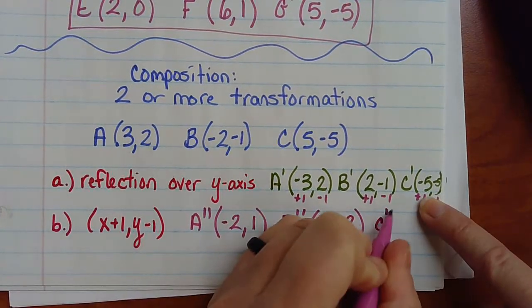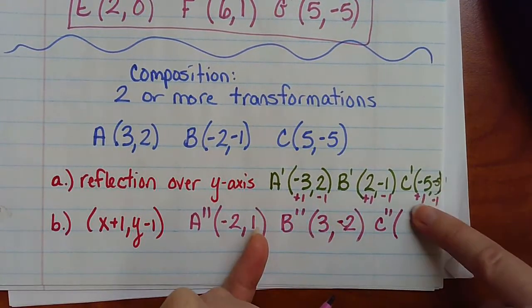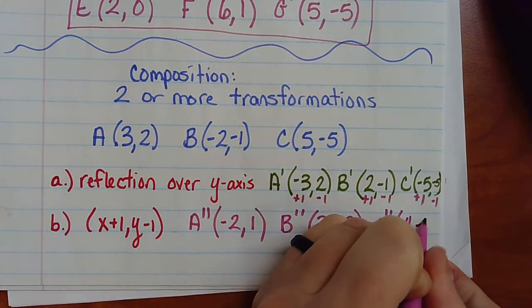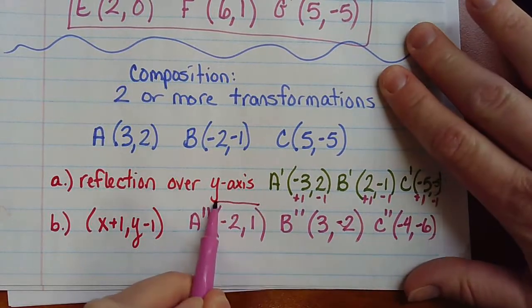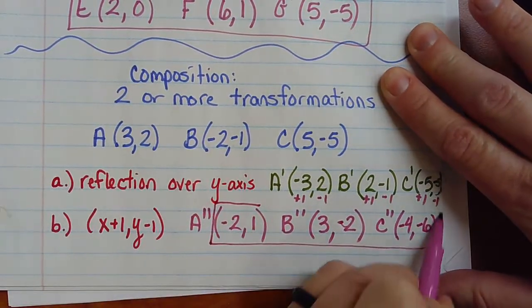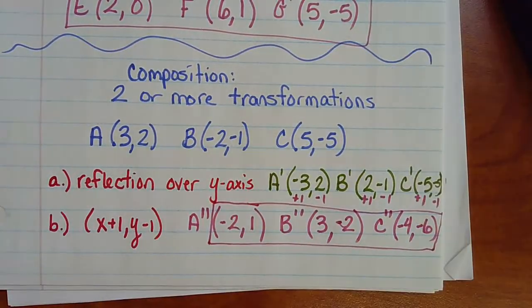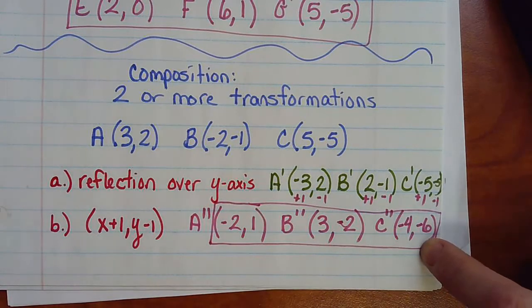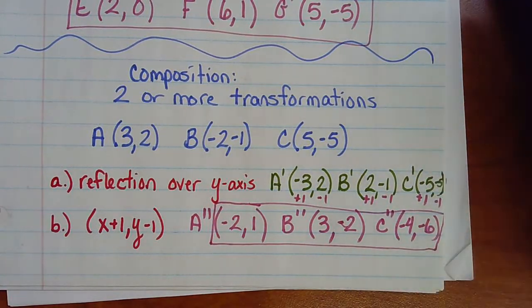And then C double prime, -5 plus 1 is -4. -5 minus 1 is -6. So these points right here would be the only thing that we would be looking for. That's it. You don't need to worry. You need these in order to get these, but sadly, these get left out. I care about them, but I don't really care about them. They just don't get to be part of the answer.